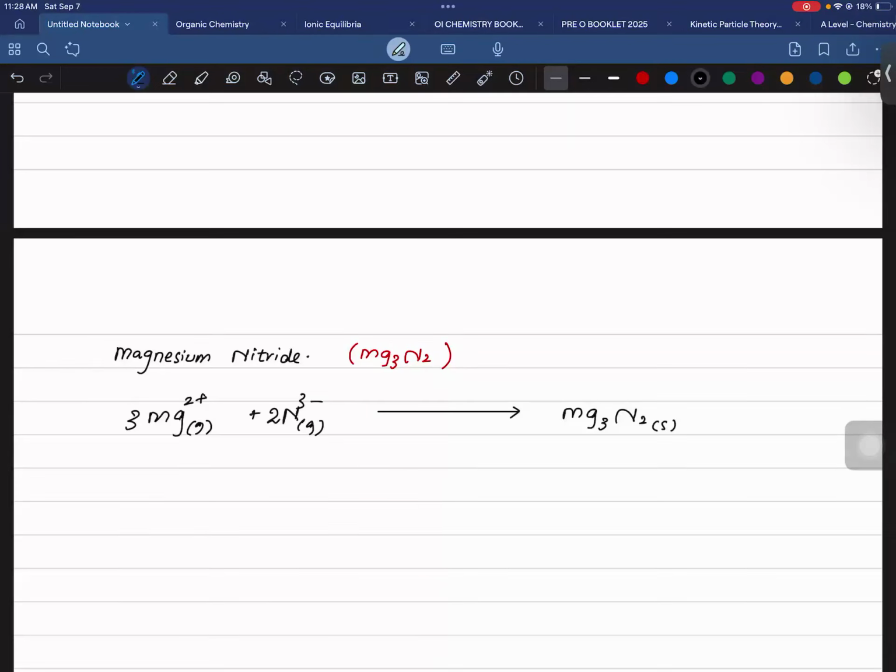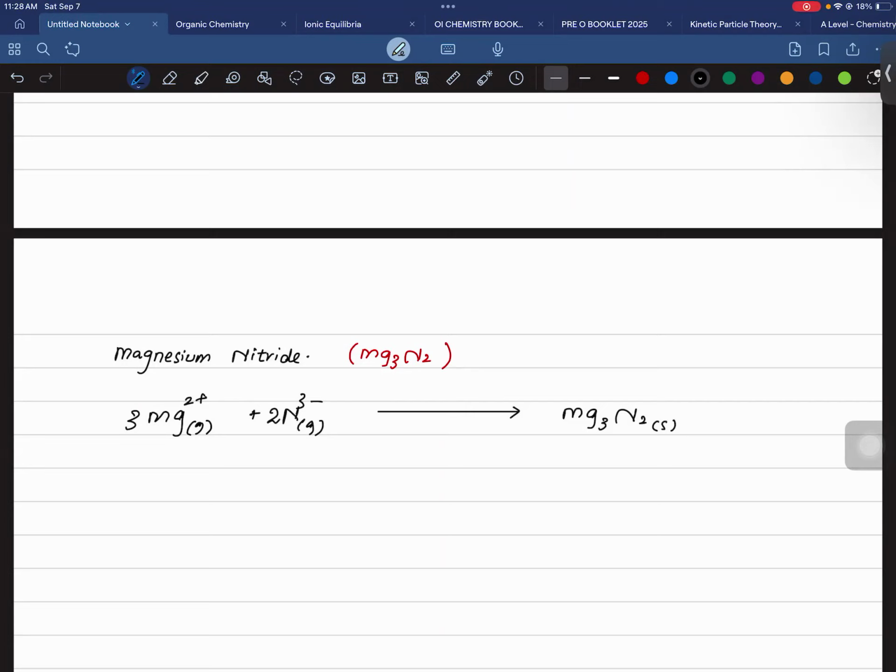For magnesium nitride, you are supposed to write Mg2 positive and nitrogen 3 minus, because magnesium is in group 2, so those elements in group 2 are supposed to have +2 charge, and those elements in group 5 are supposed to have -3 charge.